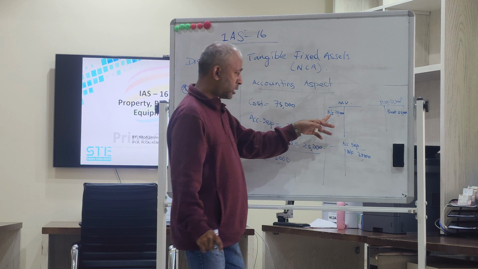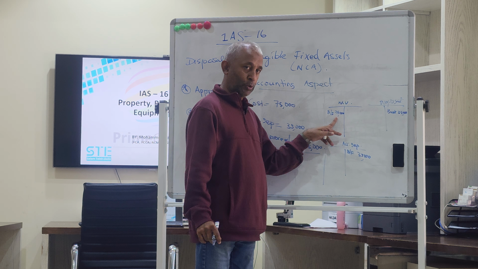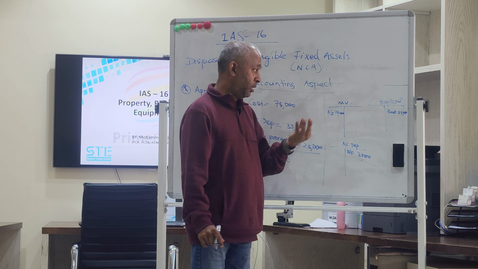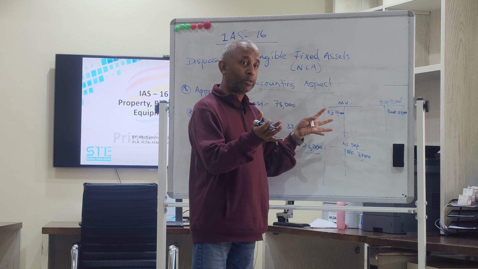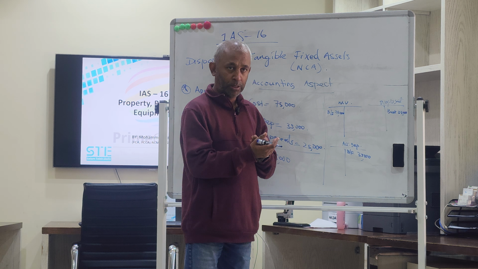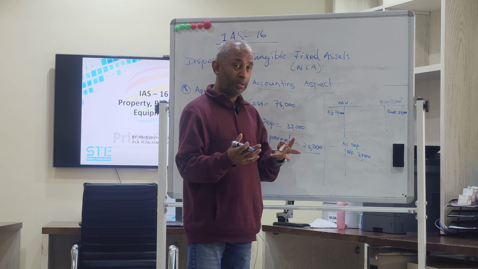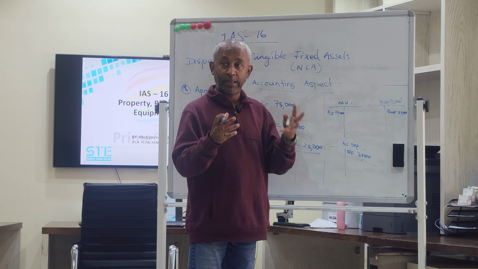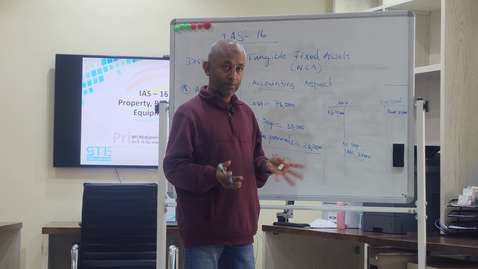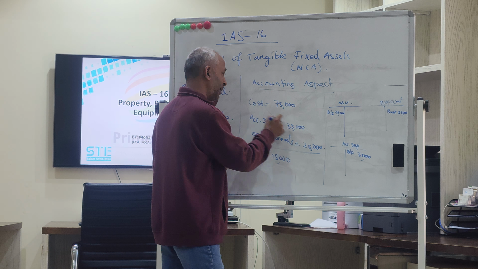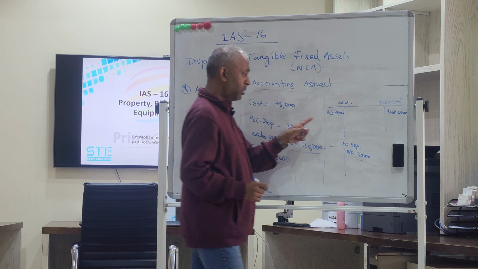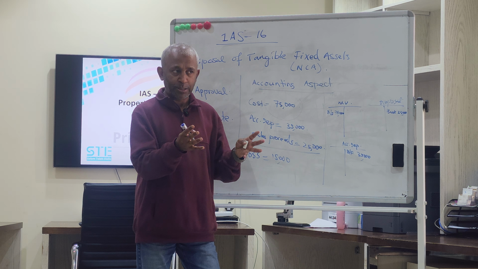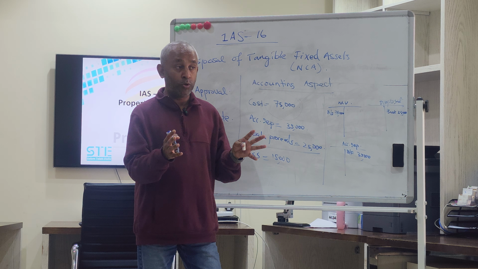Second, this entire asset we are disposing. Sometimes you may come across a situation where your total fleet of motor vehicles has a total cost of 75, and you may sell only 20,000 worth of motor vehicle. You have to be wary about to what extent the asset is being disposed. In this example, we are disposing the entire asset. Once you dispose, that particular asset cannot be kept as an asset in your books.